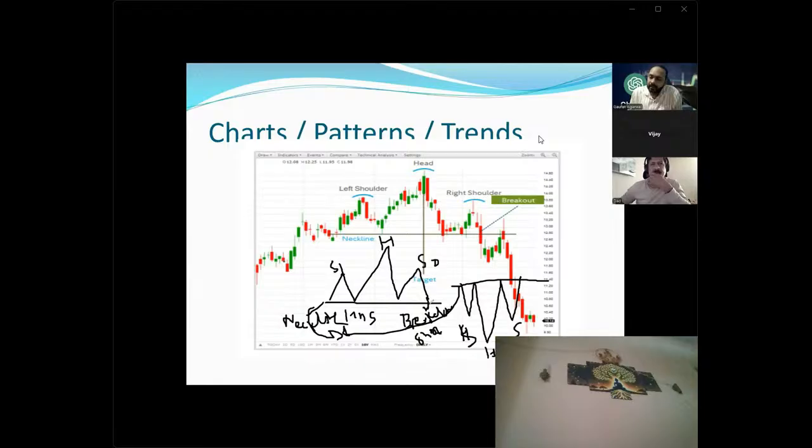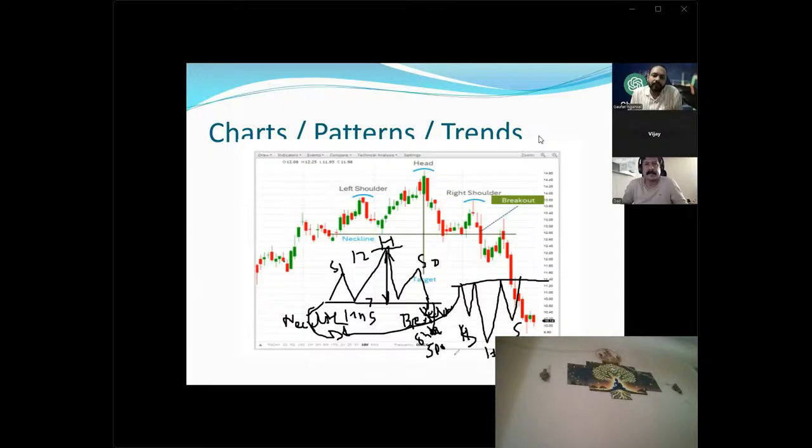In this scenario, our target should be equal to this width. Let's say here it is 12, and here it is 7. So 12 minus 7, 5. Once it gives a breakdown here, our target will be 5 points.